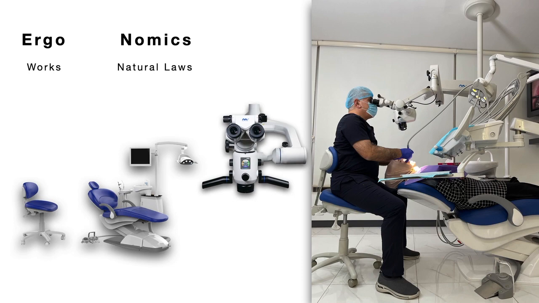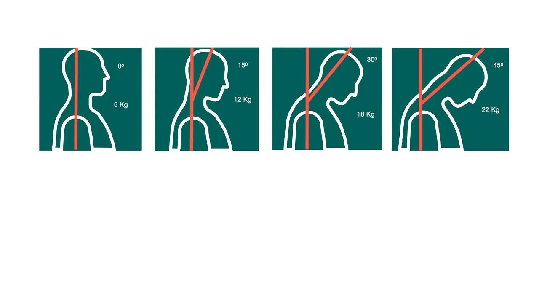So what I want to tell you is that, because I did too much research in the articles about the physical disorders of dentists, I took these numbers from scientific websites, and I made this animation, or this diagram, to show you that when we are at zero, using a dental operating microscope, or we are just keeping our head upright, it's about 5 kilograms of force on our necks and muscles.